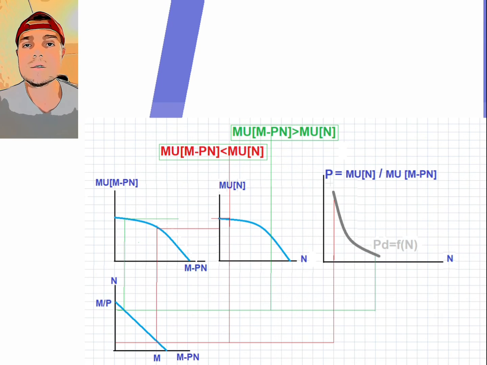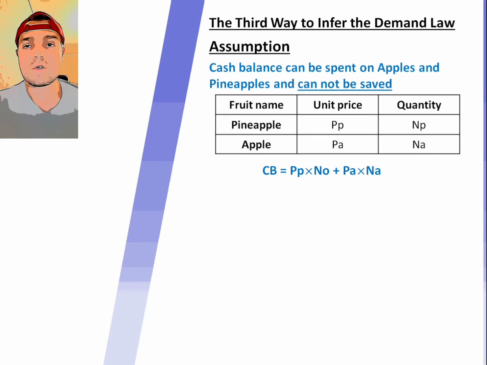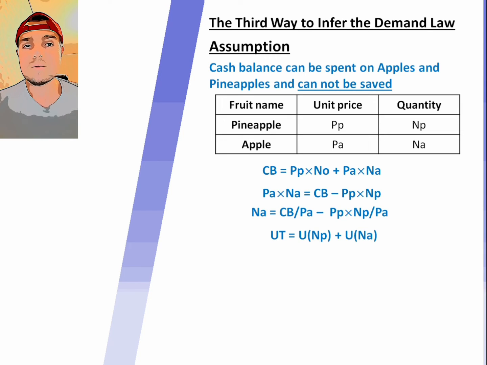Let's consider the third way to infer demand curve. Let's assume that we can only buy apples and pineapples. We cannot save money in this task. These assumptions allow us to easily infer the formula for the desired quantity of the apples depending on apple's price. Let's consider the total utility of choice denoted by UT.